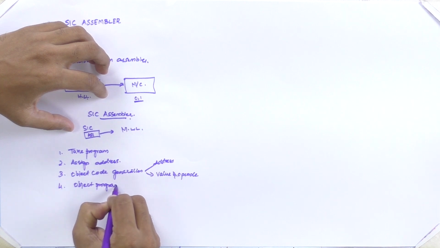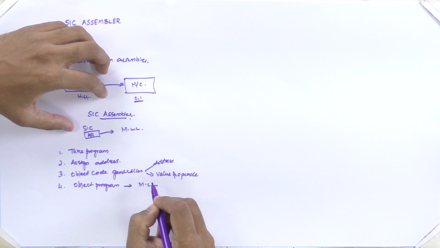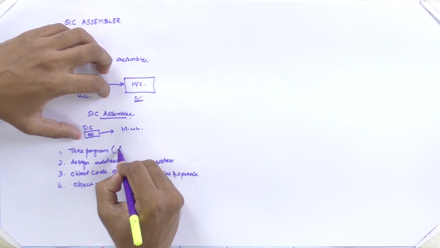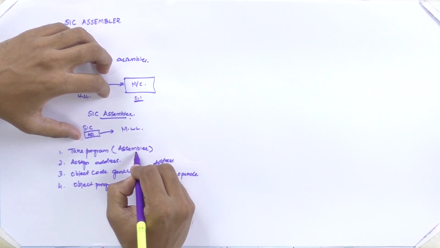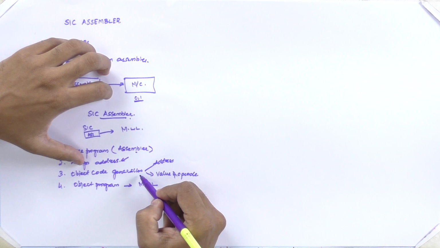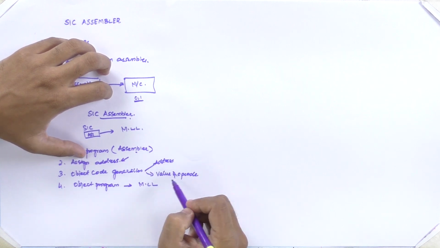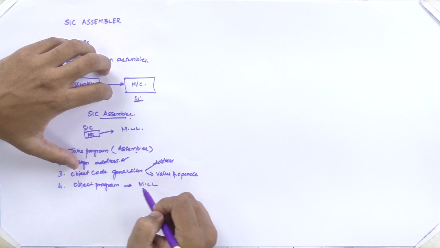So object program is nothing but the program that can be understood by the computer, that is the machine level program. You have an assembler program. First step is assigning an address, second step is object code generation where you need the address and value of opcode, and the fourth step will be object program creation.